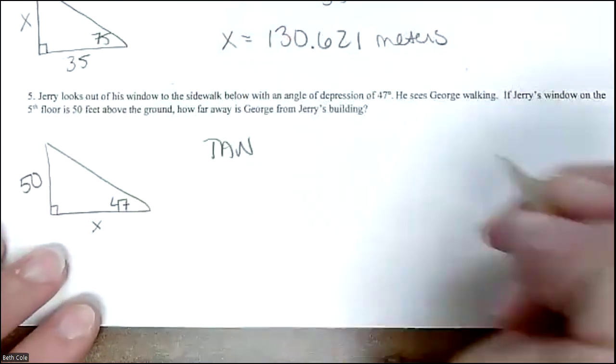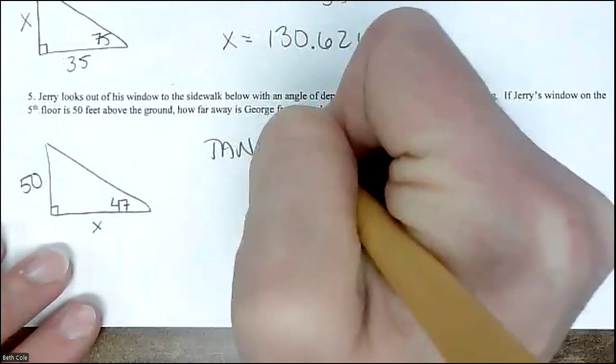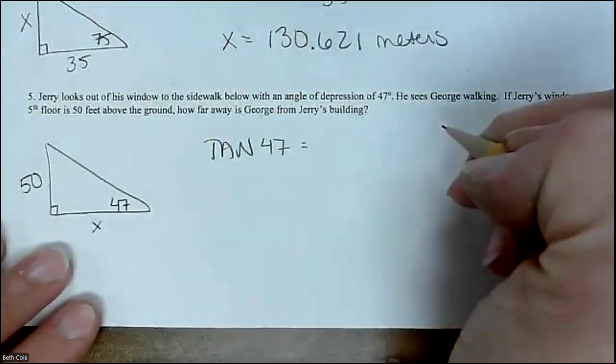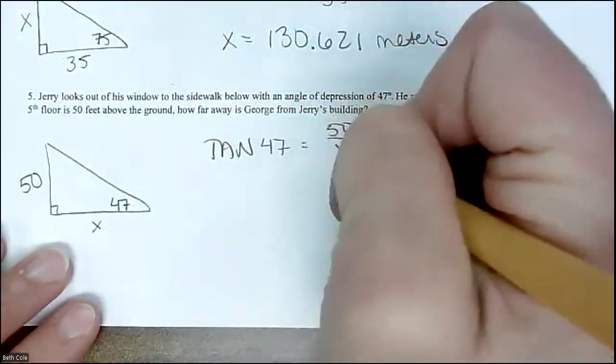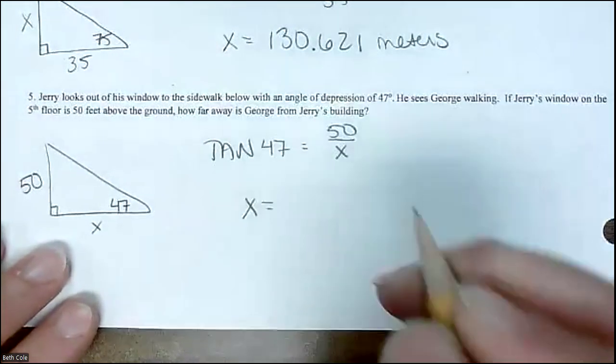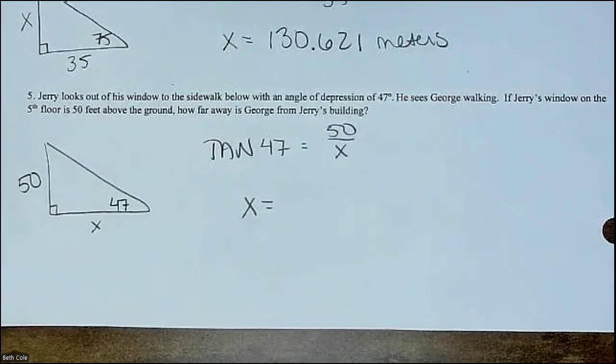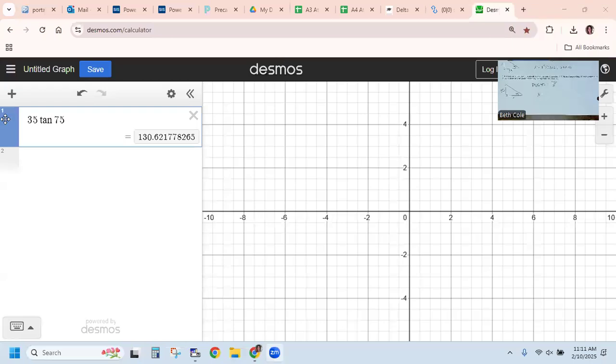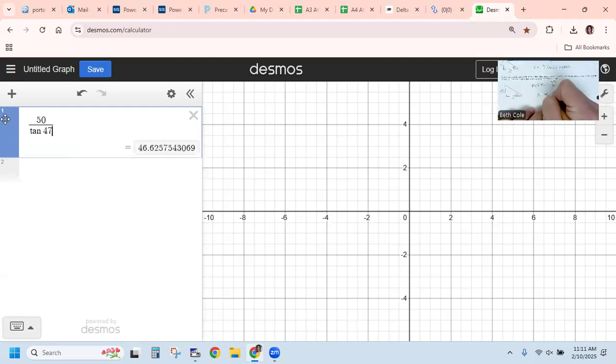Tangent of 47. Here, you're going to get to see me type that. Do you see how the X is on the bottom? The X is in the denominator. So what I'm going to type is, hold on, we're almost out of time. You guys all stopped listening to me. 50 divided by tangent 47. 46.625.